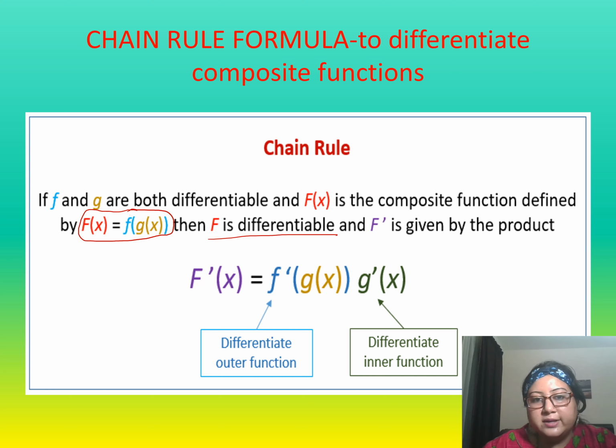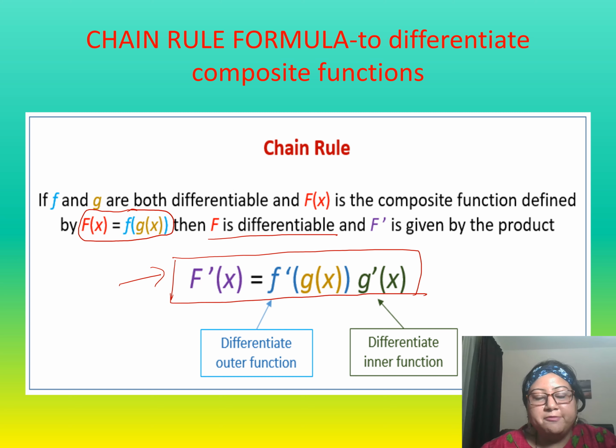And then multiply that with the differentiation of the inner function, g prime of x. So that is how you are going to remember your chain rule or chain formula. I will repeat the formula for you very quickly. F prime of x is going to be f prime of g of x multiplied with g prime of x. So that's the chain rule.